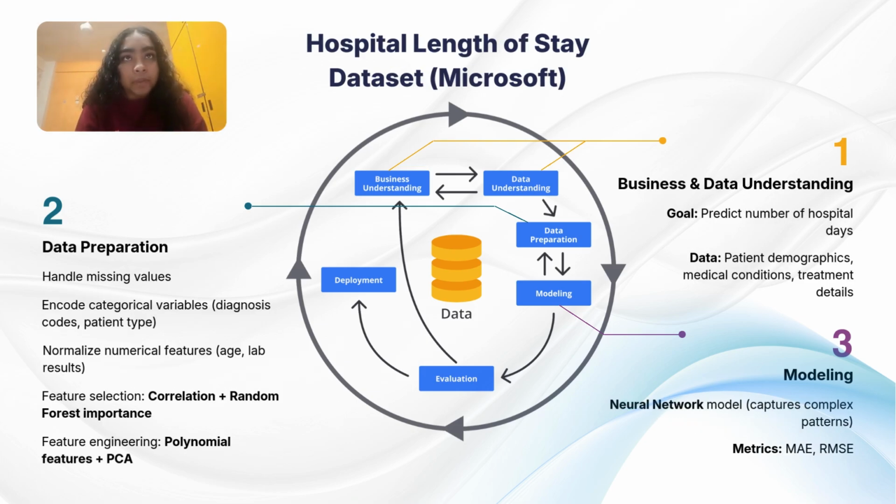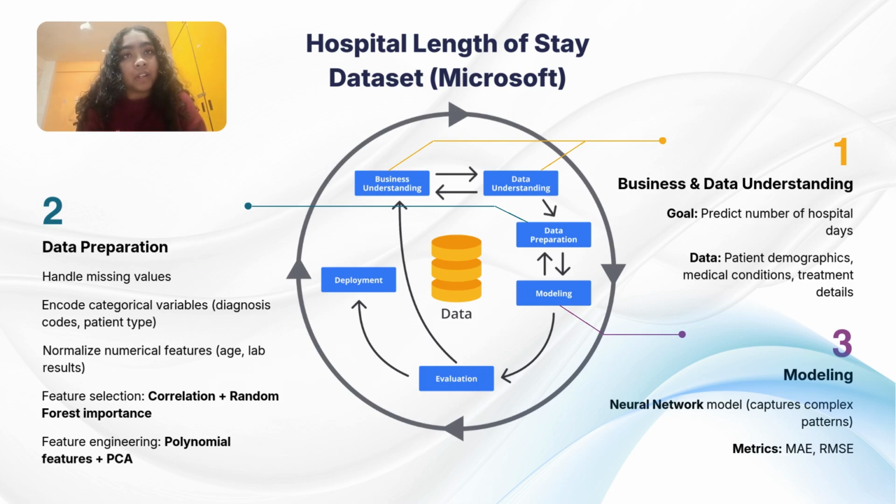The hospital length of stay dataset aims to predict how many days a patient will remain in the hospital. The dataset includes details about patient demographics, diagnosis codes, medical tests, and treatment information. During data preparation, we handled missing data, encoded categorical variables, and normalized numerical features.